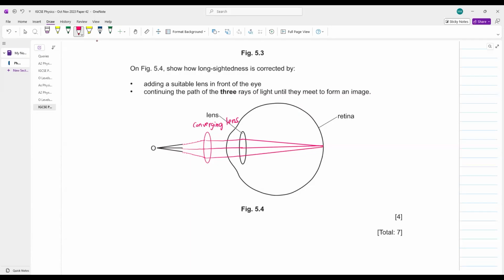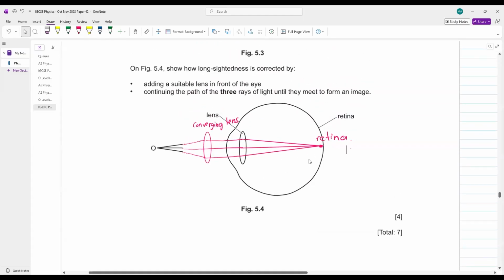They meet exactly at the retina. Beta, exactly at the retina these three rays meet. This is your image formation. Simple. Let's move ahead.